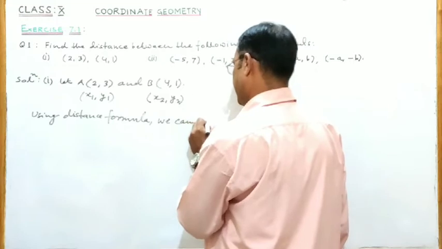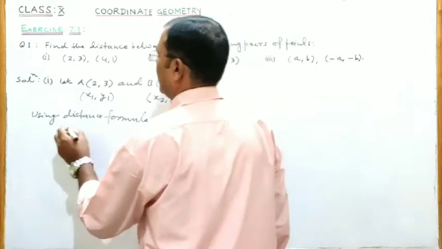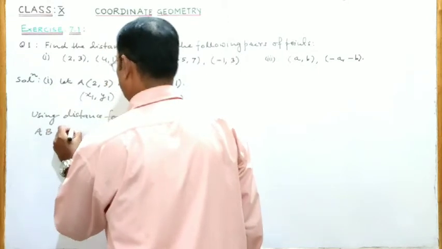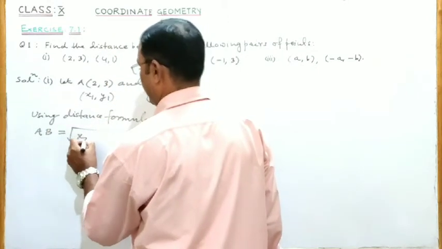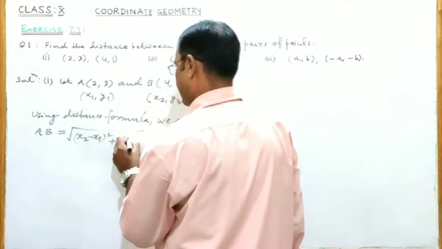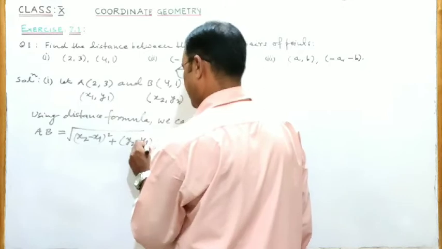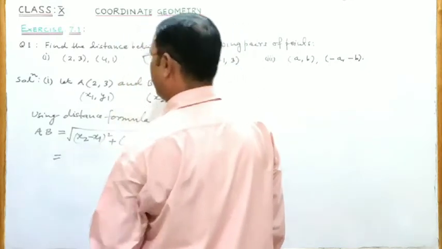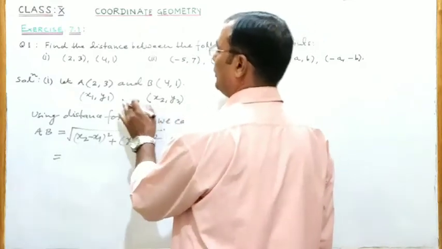we can write AB is equal to under root (x2 minus x1) whole square plus (y2 minus y1) whole square. Put the values of x1, y1, x2, y2.